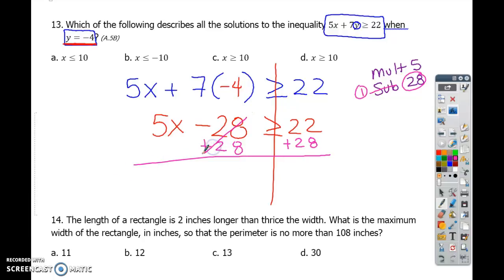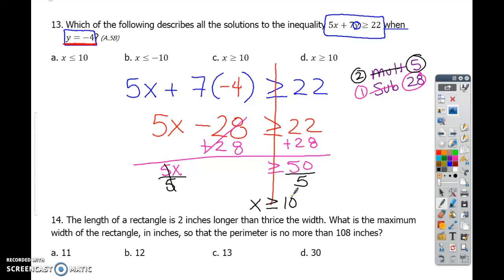That gives you 50. Bring everything else down. And then the last step is to divide by 5. So divide by 5, divide by 5. X is greater than or equal to 10.